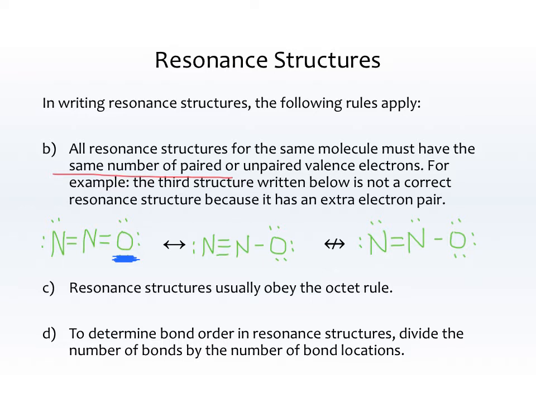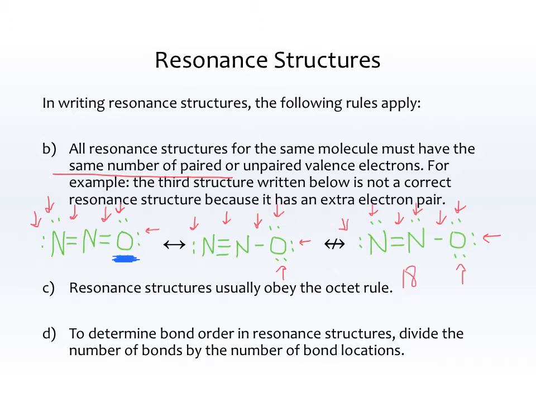And now let's compare the structures. We have 2, 4, 6, 8, 10, 12, 14, 16 electrons. 2, 4, 6, 8, 10, 12, 14, 16 electrons. 2, 4, 6, 8, 10, 12, 14, 16, 18 electrons.